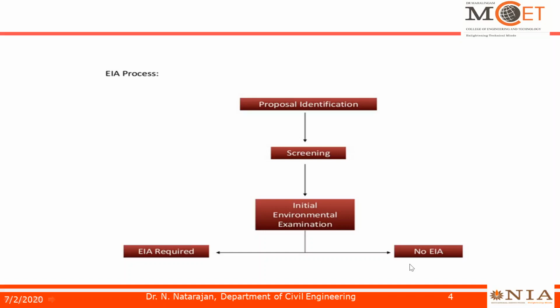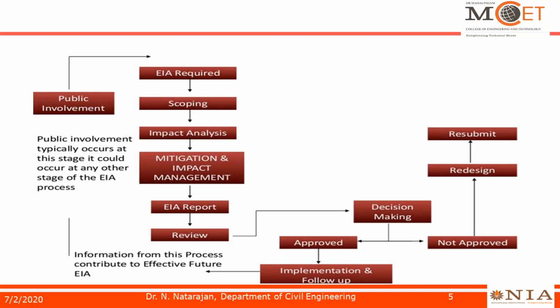Then comes the screening. This is the initial environmental examination where we decide whether the project requires an EIA or does not require an EIA. Having decided that the project requires an EIA, before going to the further stages, we have public involvement, where the public is given awareness about the project that is going to be executed, and they are apprised about the positive as well as negative impacts of the project.